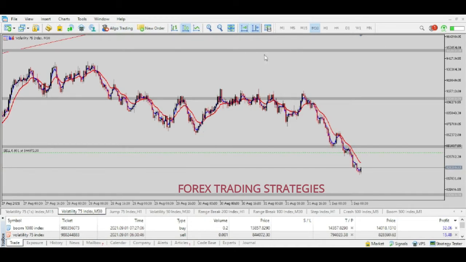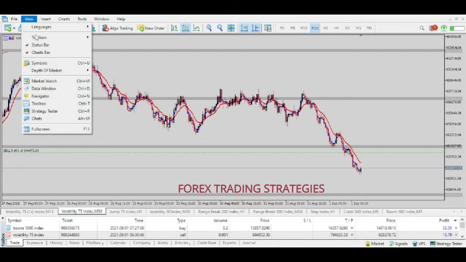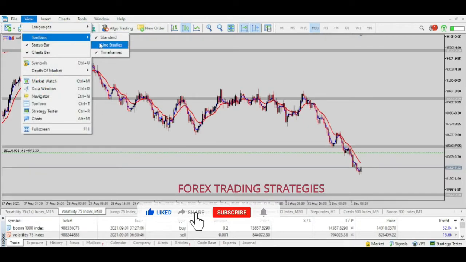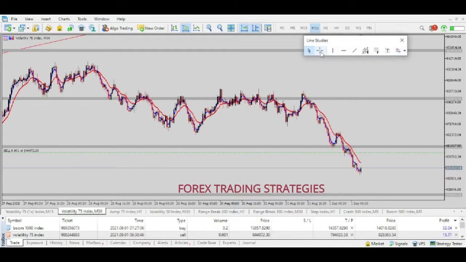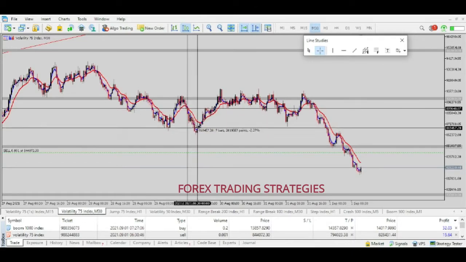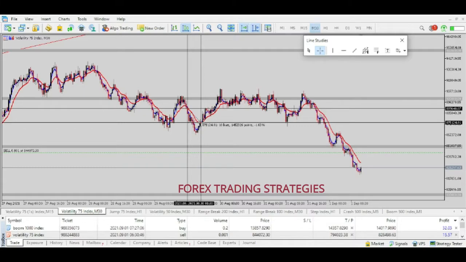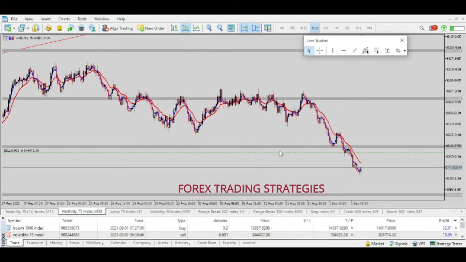If you do not want to put a trailing stop, then you are probably going to net a decent 14,500 pips in this move.